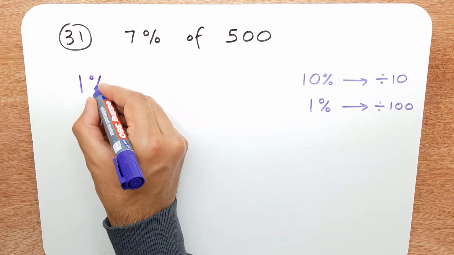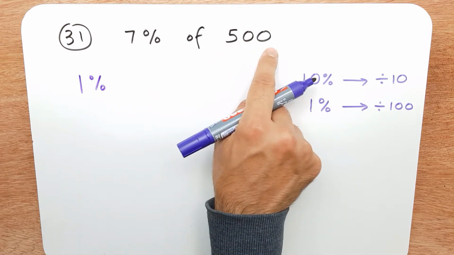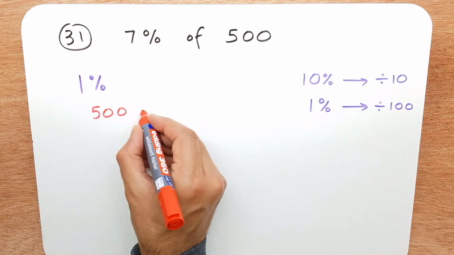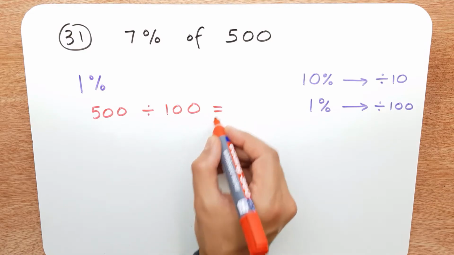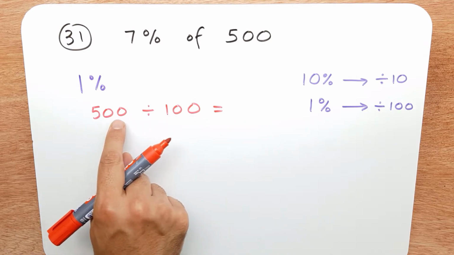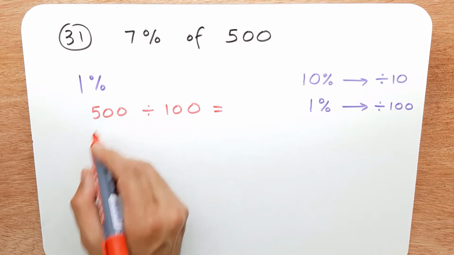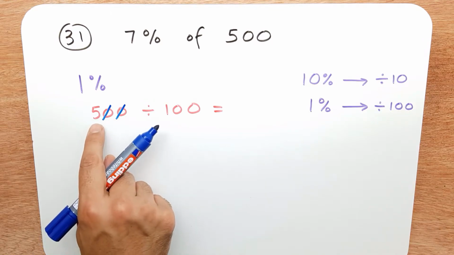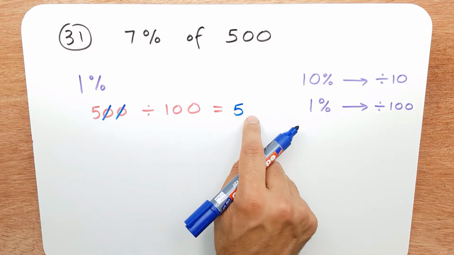To work out 1%, what we have to do is take this number 500 and divide it by 100. Now, because this ends in 2 zeros, we can simply cross off both the zeros like this. So 500 divided by 100 is 5.